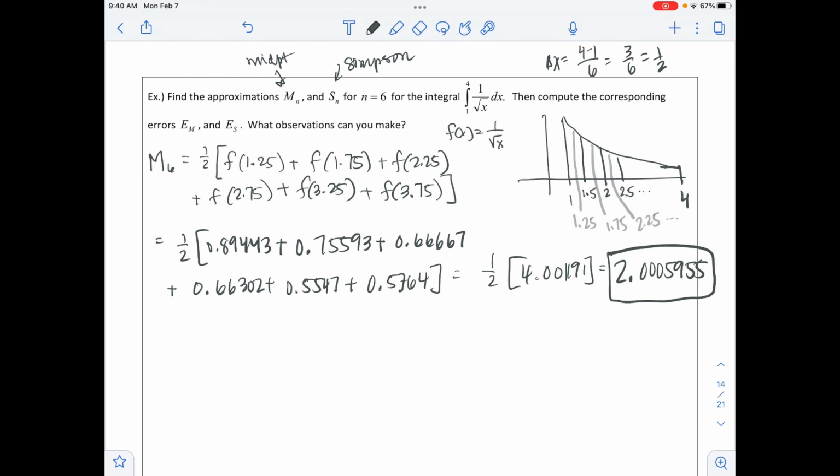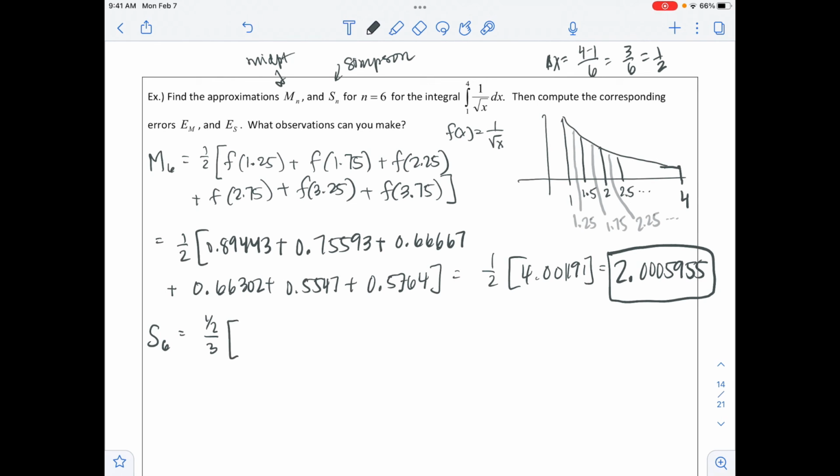It also asks for us to use Simpson's rule, so I'll put S of 6 here. And Simpson's rule is going to start off with delta x over 3. And so we have 1/2 over 3.